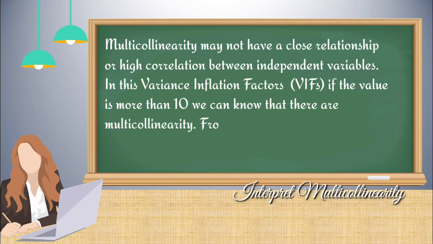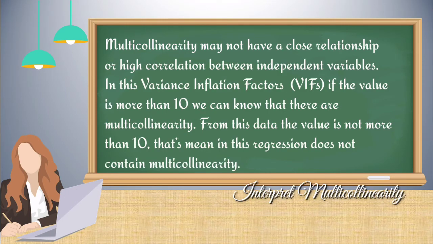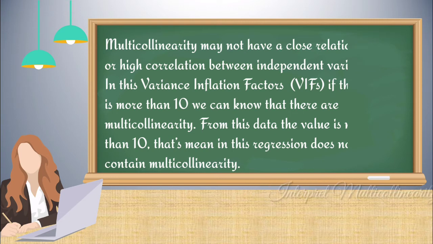Multicollinearity means there may be a close relationship or high correlation between independent variables. In this variance inflation factors or VIF test, if the value is more than 10, we know there is multicollinearity. From this data, the value is not more than 10. That means this regression does not contain multicollinearity.